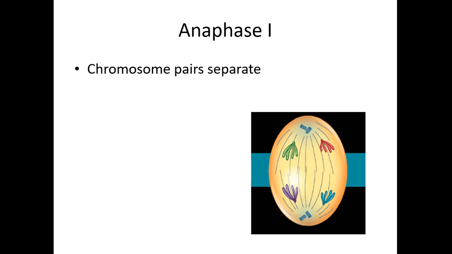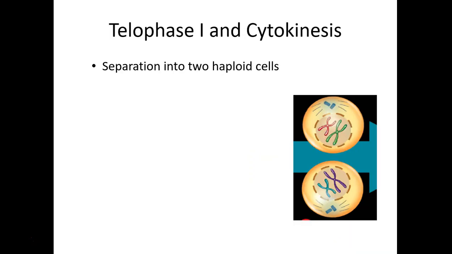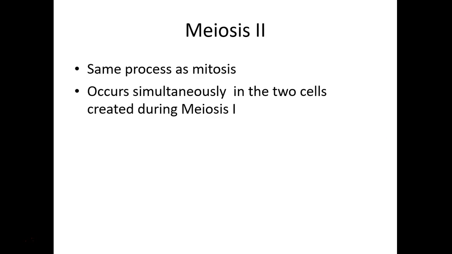So one chromosome will go to each side out of every pair. And then during telophase 1 and cytokinesis, we are getting 2 daughter cells. And these are going to be different from each other because of crossing over. And then the DNA is going to relax a little bit, and we go into meiosis 2.